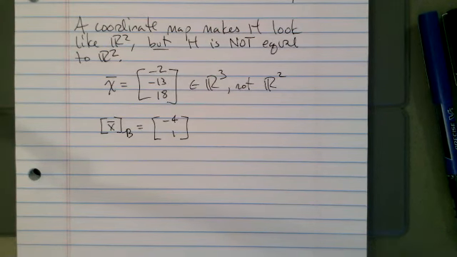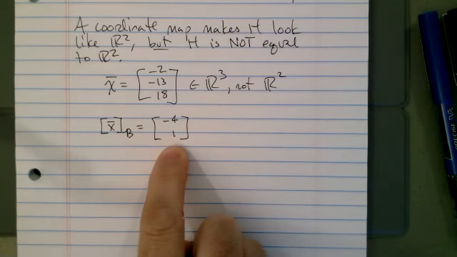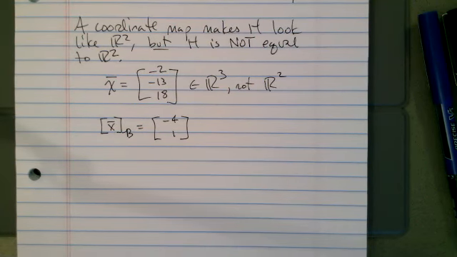If we were to draw a picture of H, H would be a plane in R3. But that is definitely not the same thing as R2. That plane we could take R2 and impose R2 on that plane by making a coordinate map. But that does not make that plane equal to R2.